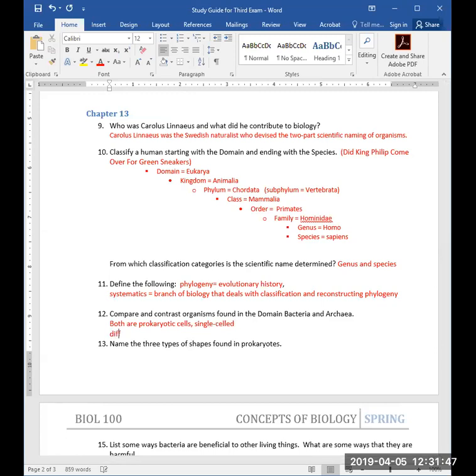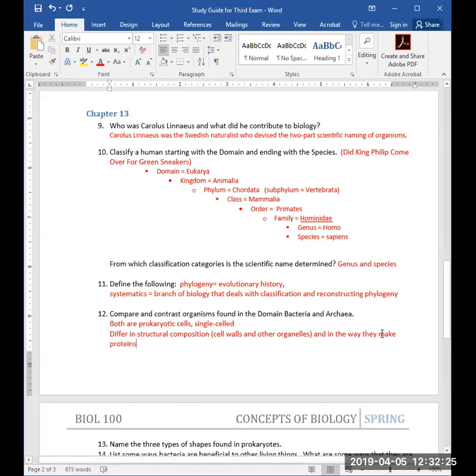Okay, they differ in structural composition, like the cell walls and other organelles, and they differ in how they make proteins. Okay, that's good.